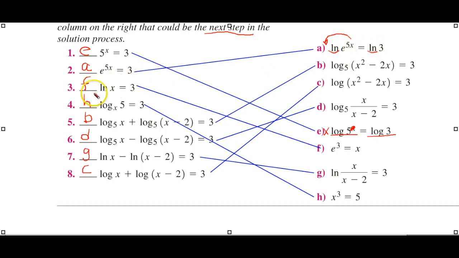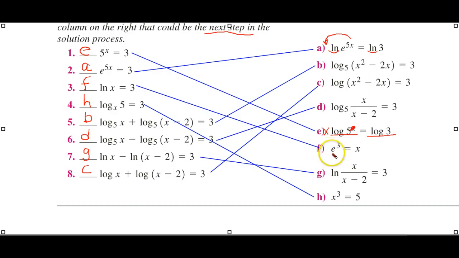In letter F, natural log of x equals 3. So what you might do then is convert this to its exponential form, where natural log is e, this is the exponent, and that equals x.